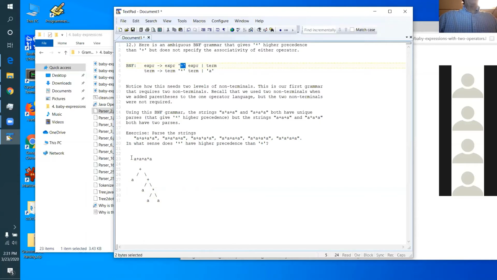We could parse this thing here as expression. And then this plus here is the second plus. So if we parsed it that way, my root plus has this on its left.